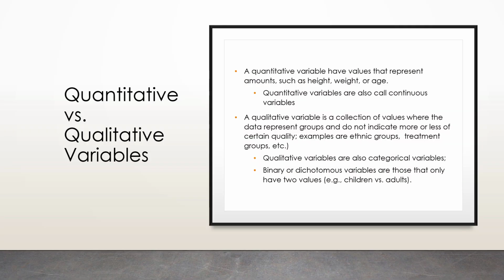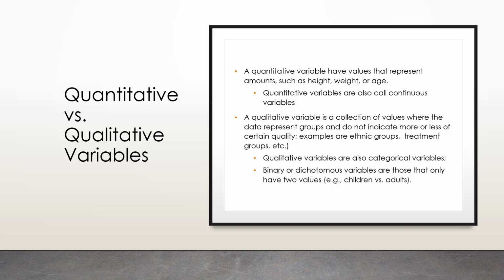You may also hear quantitative variables and qualitative variables. A quantitative variable has values that represent the amount, such as height, weight, and age. So both interval and ratio variables are quantitative variables. They are also called continuous variables.